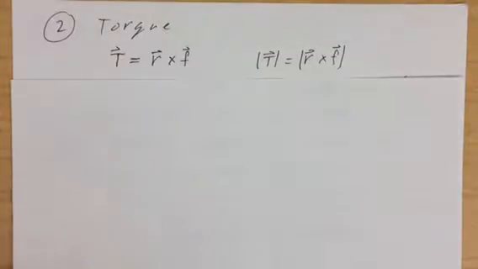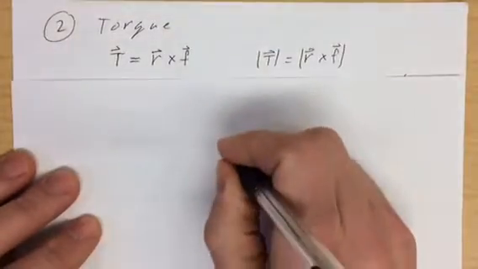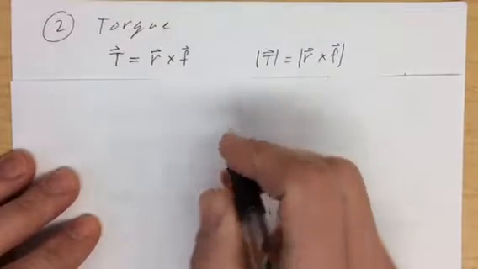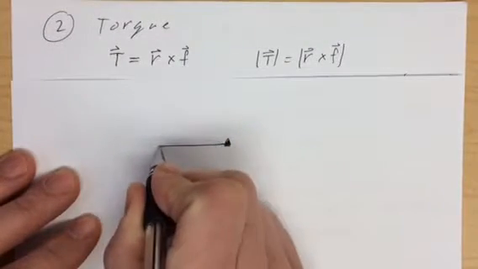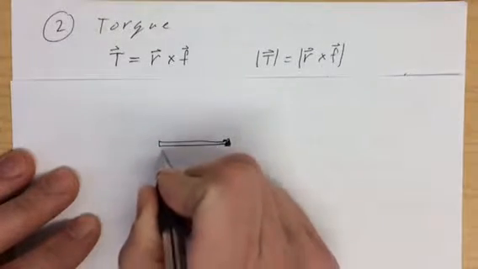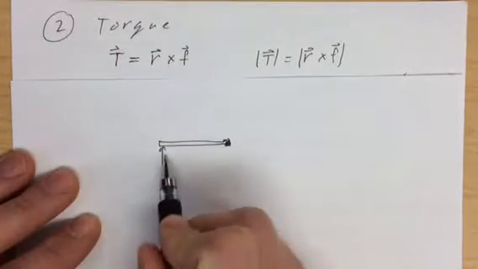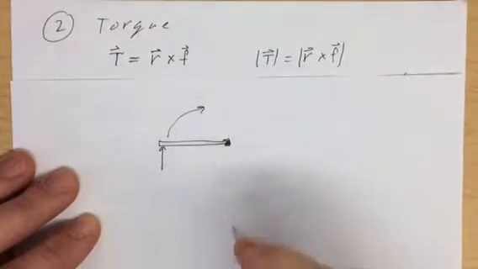Imagine that you have a door. The door is on a hinge right here, and the door goes out like this, and then somebody is pushing on the door right here, and the door opens that way.